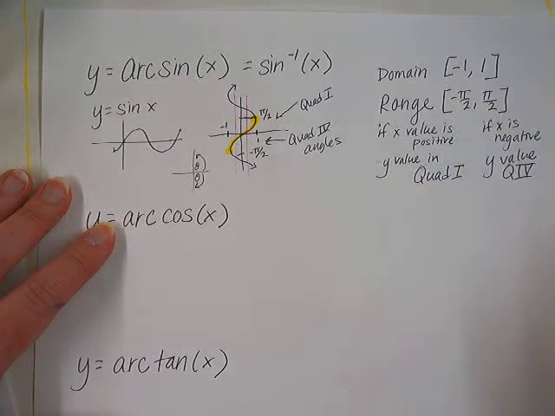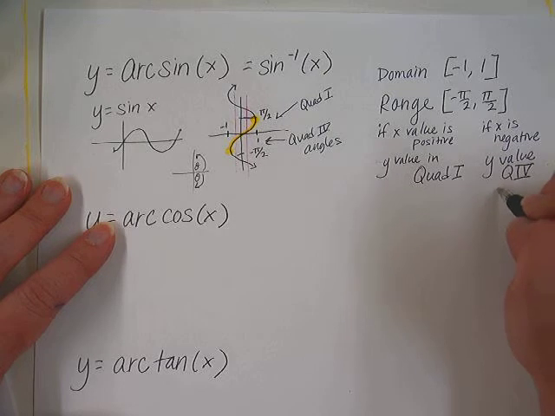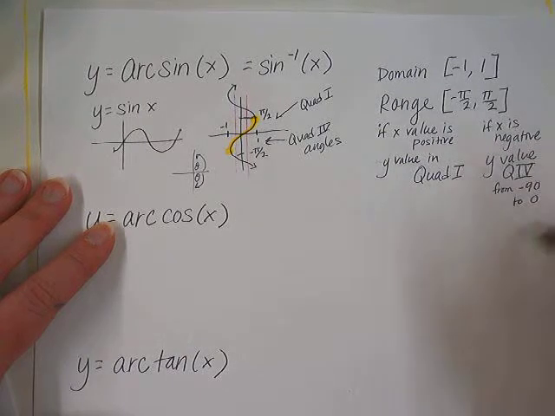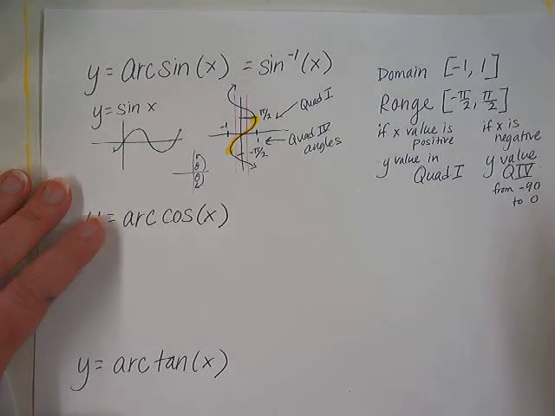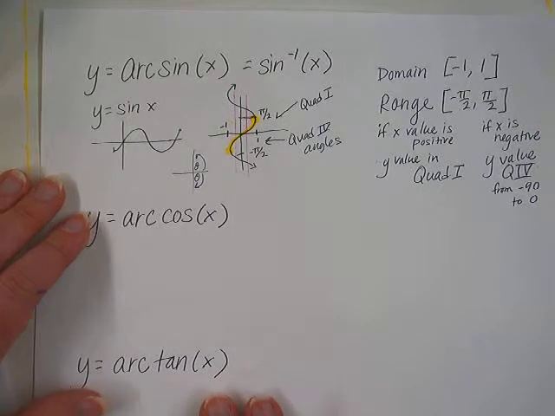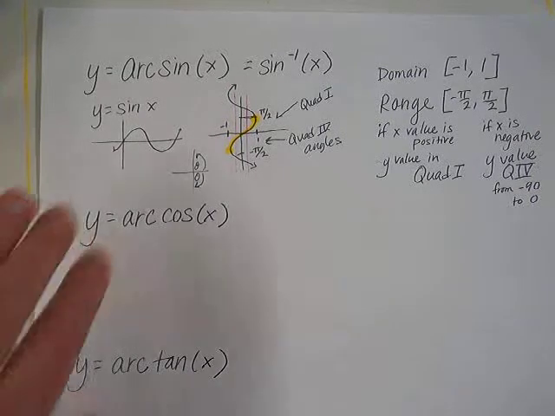And not only will it be in quadrant 4, but we will list it as a negative angle from -pi halves to 0, or from, if you're doing it in degrees, -90 to 0. So the answer would be negative. Okay, let's maybe look at a couple of examples of that.